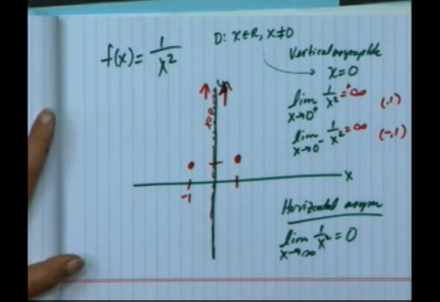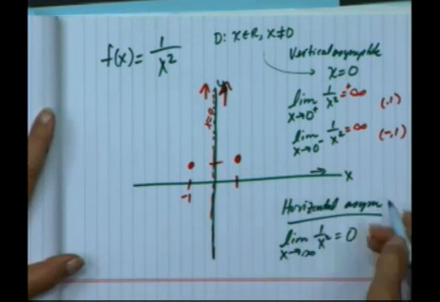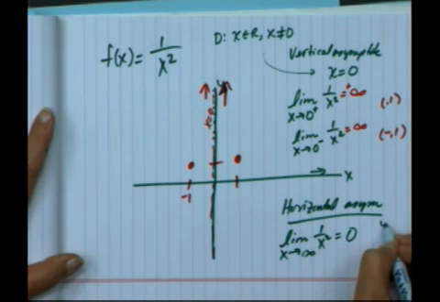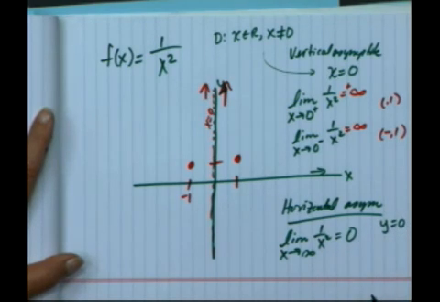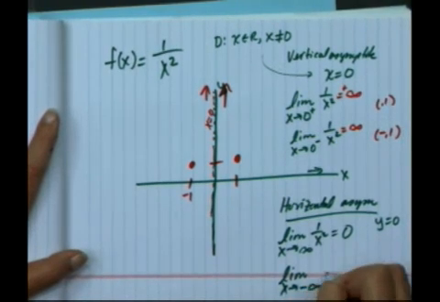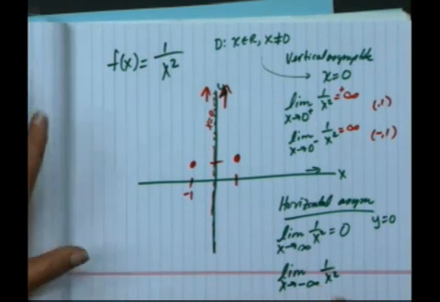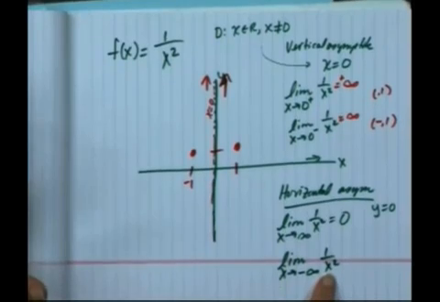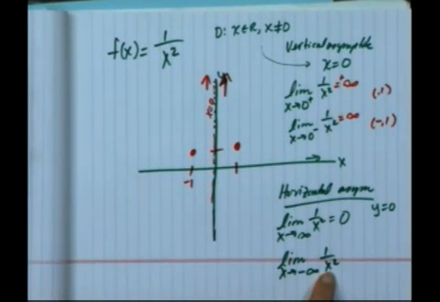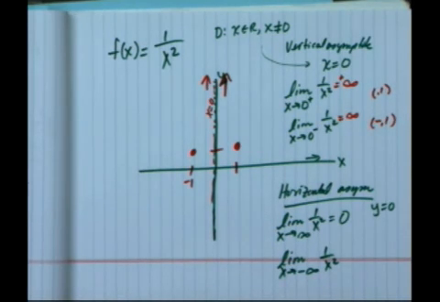Okay? So we know that we have a horizontal asymptote. Horizontal asymptote is y equal to 0. And we can also look at the limit as x approaches negative infinity of 1 over x squared. Well, when you square a negative, you get a positive. So you're still getting numbers like 1 over 100, 1 over 10,000, 1 over 1,000,000.